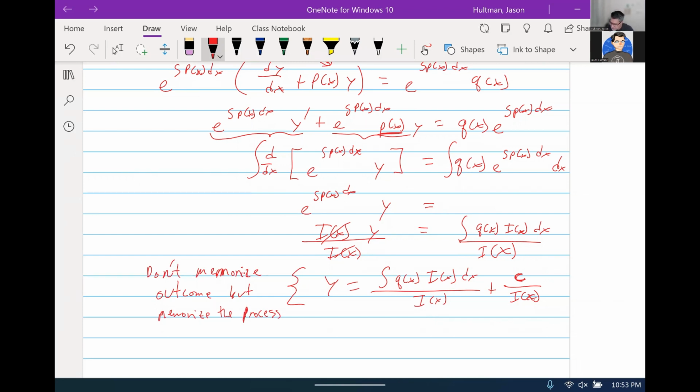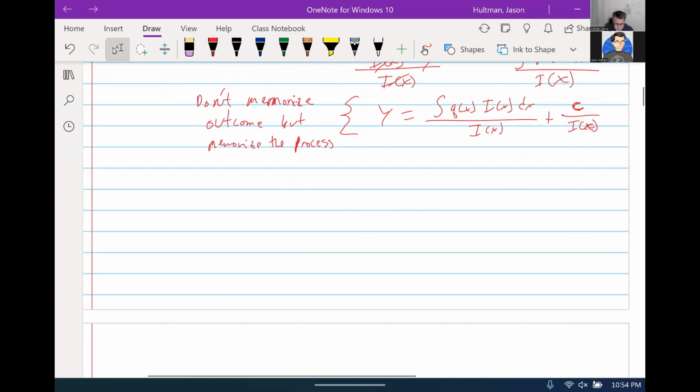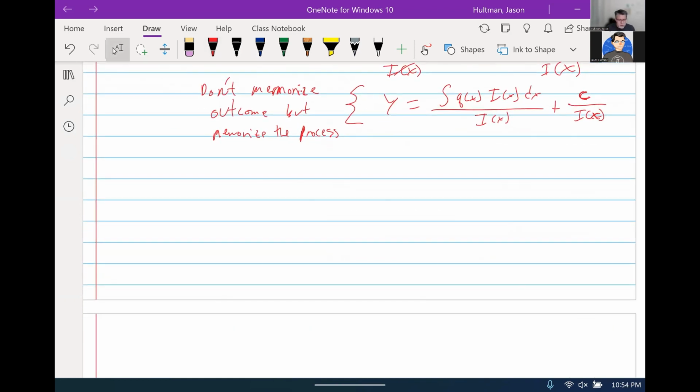I mean, you could memorize what is I of X? It's e to the integral P of X. You're going to need to know that, but then you could try to put this into a formula and crank it out, but it would get messy because you've got an integral inside of an integral. And so I really want you to memorize the process here. Okay, and let's go through one of these so we can really see how this process works.